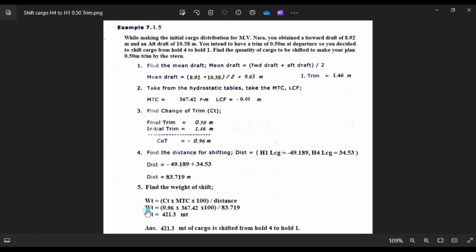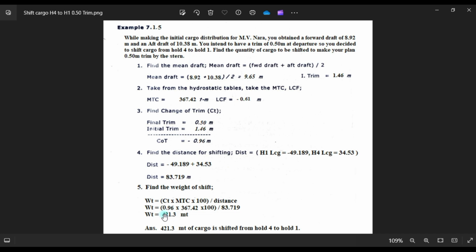So translate this into figures. Change of trim is 0.96, and MTC is 367.42, times the constant of 100, over the distance, which is 83.19, and the total weight would be 421.3 metric tons.